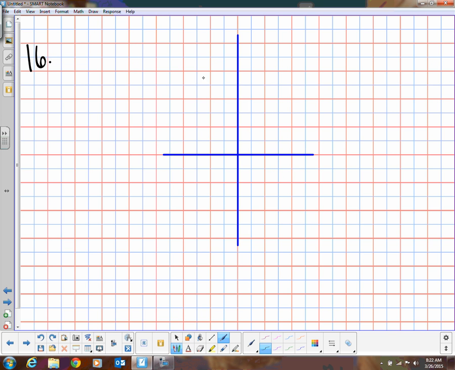They told us x is 3, to the right 3, down 2, that is x: 3, negative 2. They told us y is 1, negative 4, that is y: 1, negative 4. And then we've got z, which is 3, 1, 2, 3, negative 4.